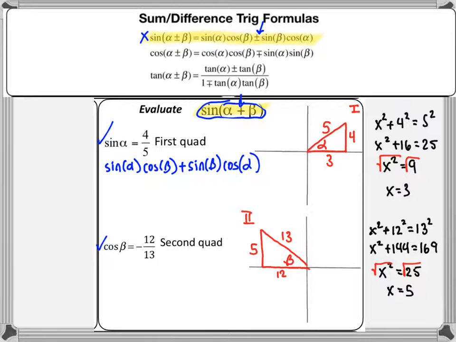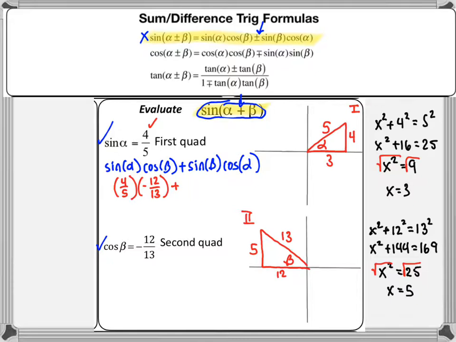From here we can read it right off the triangle. Sine alpha is given to us, so I know that is going to be 4/5. It's given to us up above. Cosine beta is already given to us as well, and that's going to be a negative 12 over 13. Plus, now I got sine of beta.